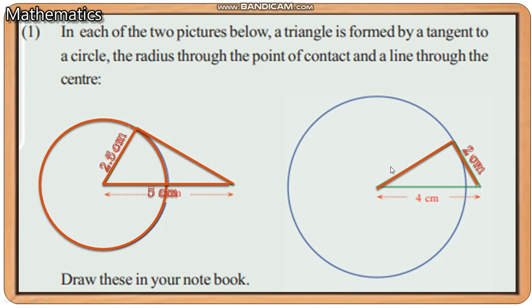The meeting point of the arc and the radius line is the center, and that is the radius of the circle. Then draw the circle at last.